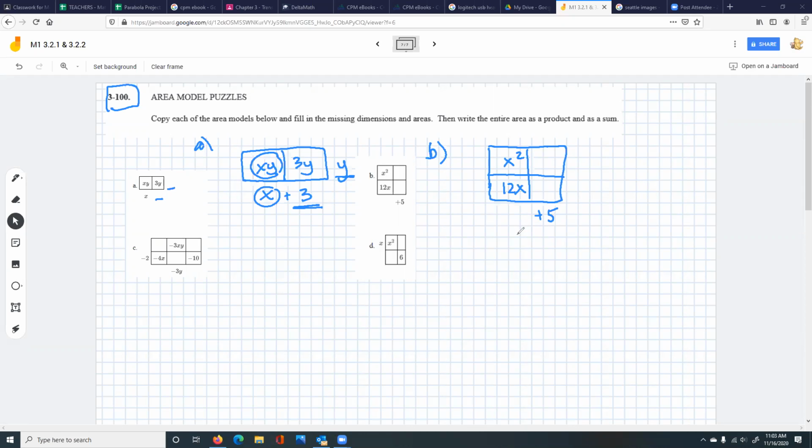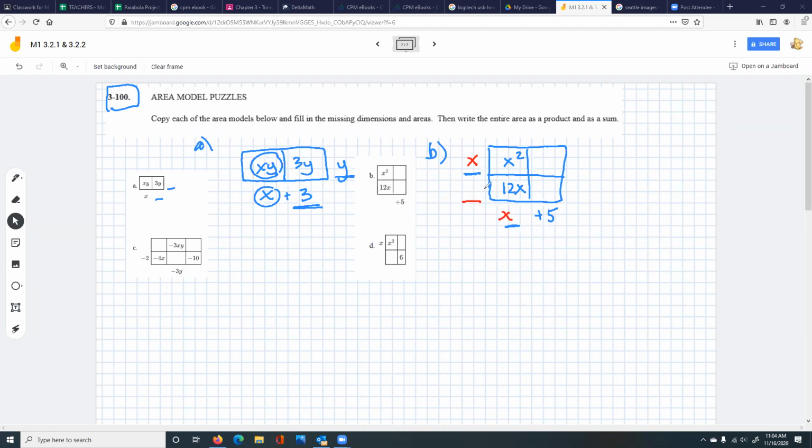If this is x squared, what do we know? I want to put my values here and here. What two things do you multiply to get x squared? There's only two things you can multiply to get x squared, right? x times x. So those have to be x's.